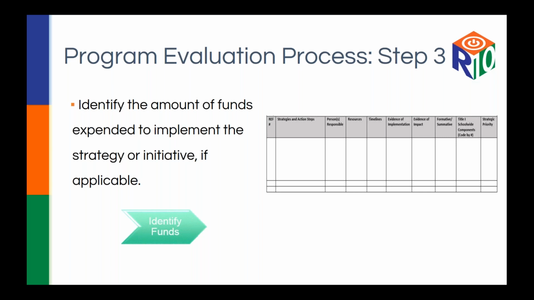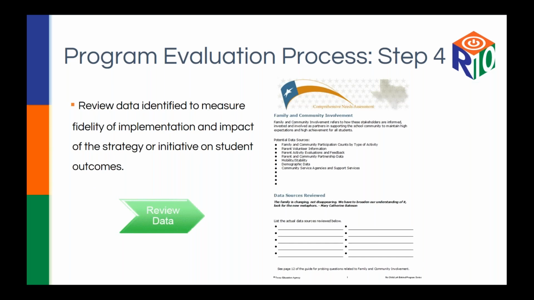So how much do we think this is going to be? When we're identifying our funds, in addition to the budget summary reports that you're pulling, you can also pull your improvement plan, because it should indicate around how much funding we thought was going to be necessary.